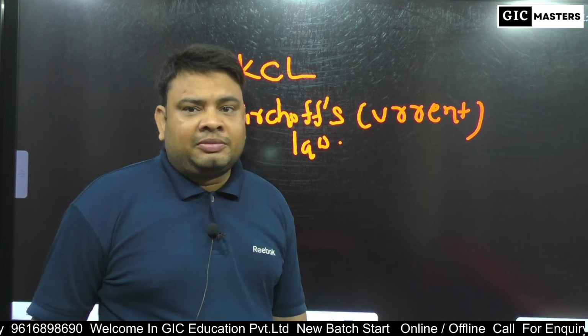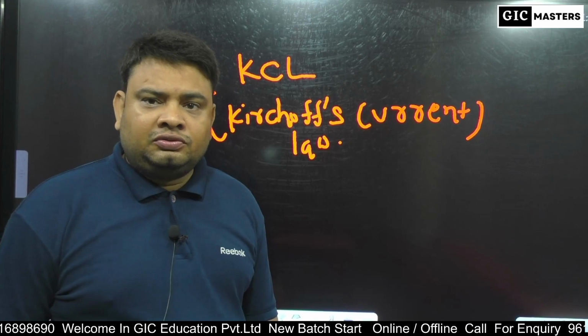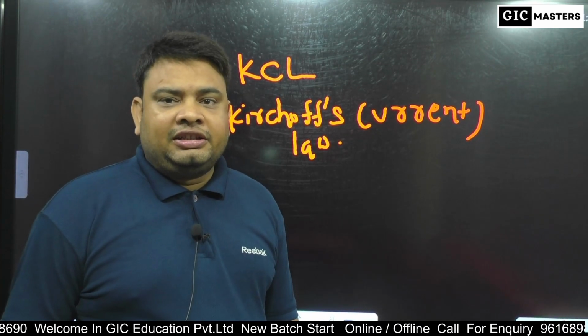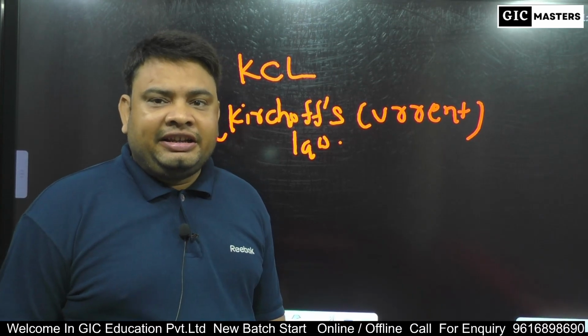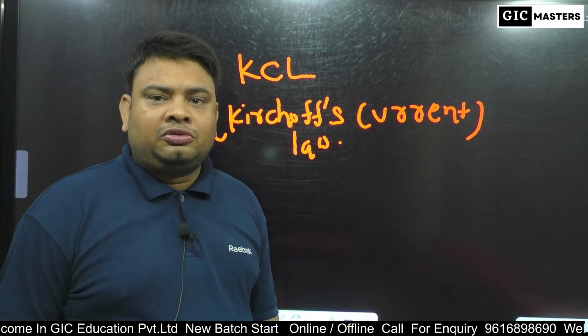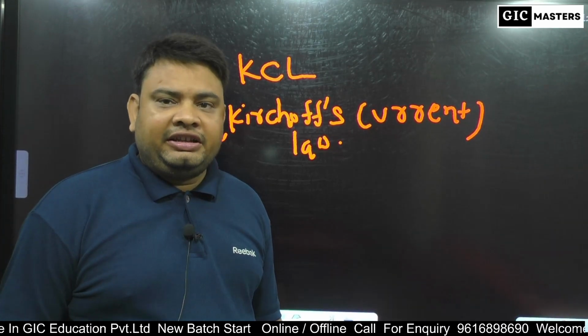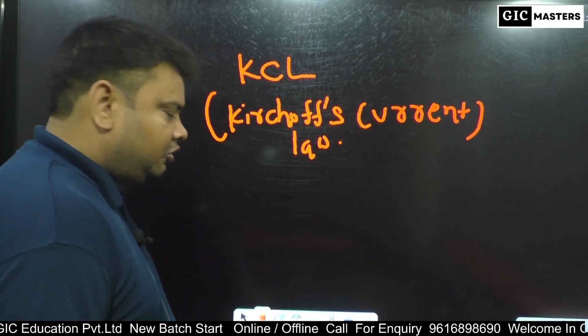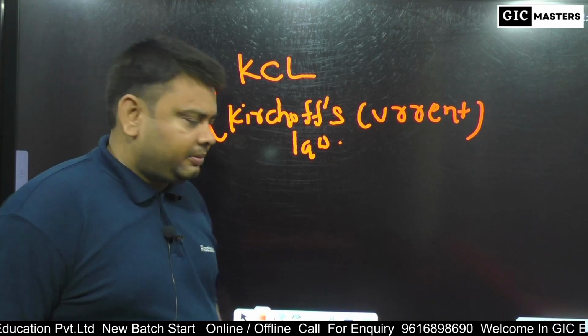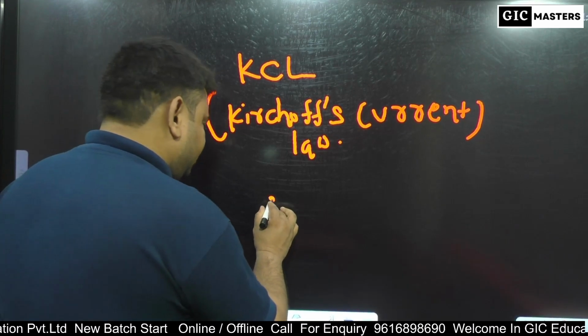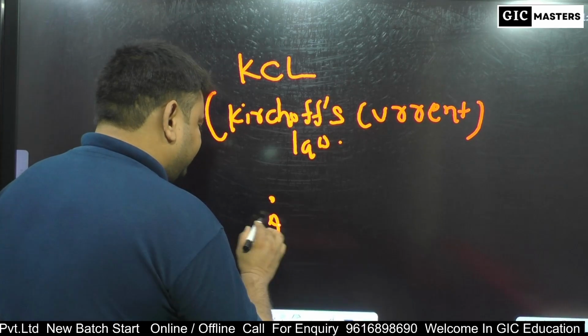What is the statement of Kirchhoff's current law? The total current entering at any node is equal to total current leaving at any node or any junction. Suppose A is my junction.